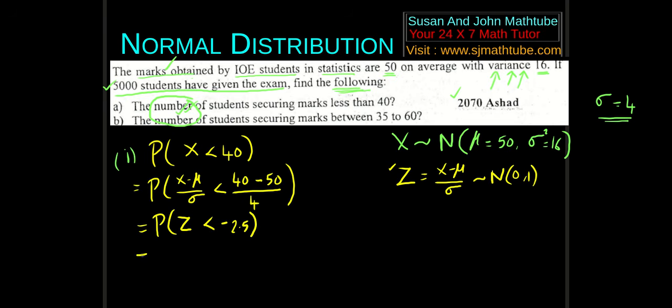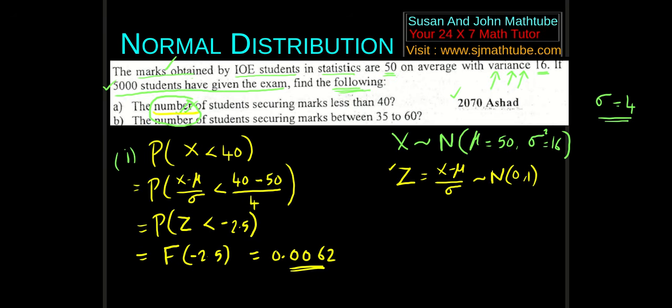And from the table, this is actually capital F of minus 2.5, and that is equal to 0.0062.